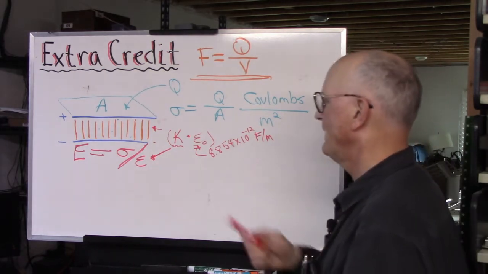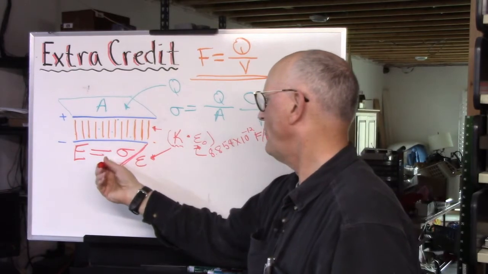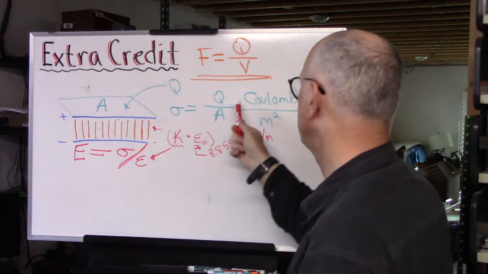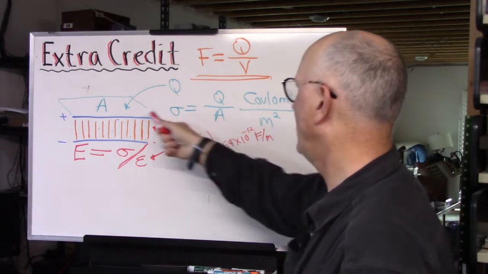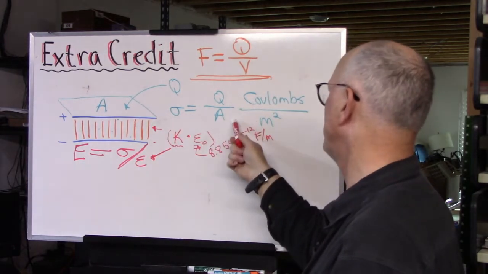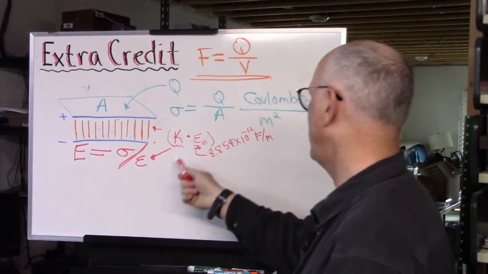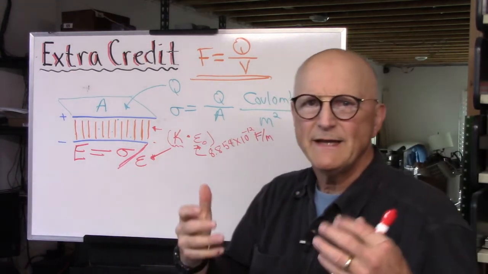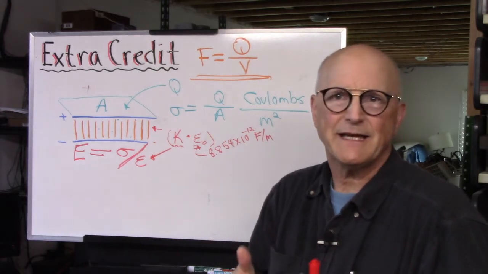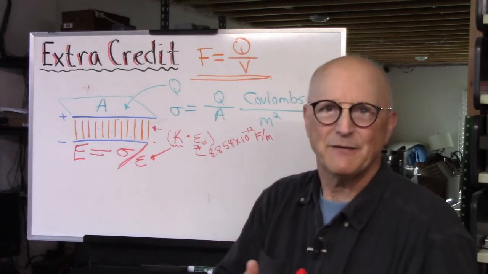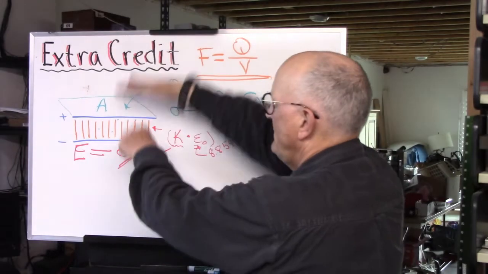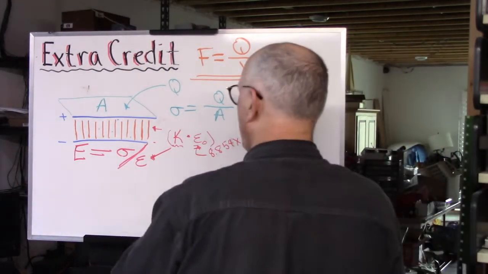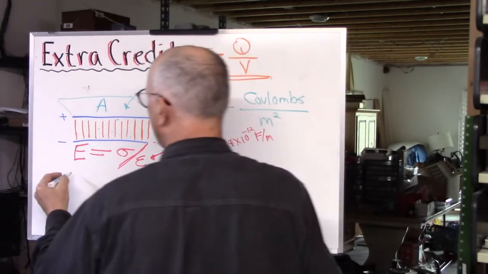Now, notice that there is no distance in this equation. It is simply the charge density on the plate, which is coulombs per meter squared, divided by the permittivity. So it tells us that the intensity of the electric field does not depend on the distance between the conductive plates.